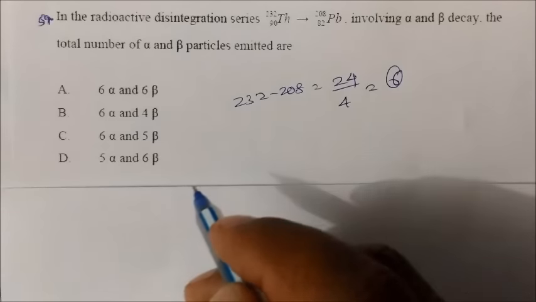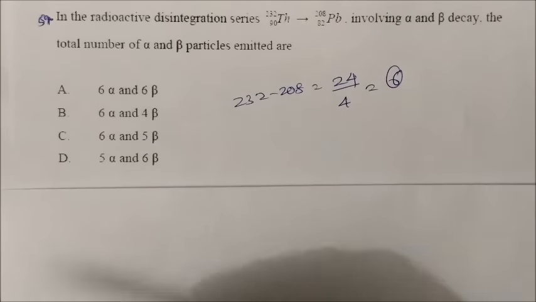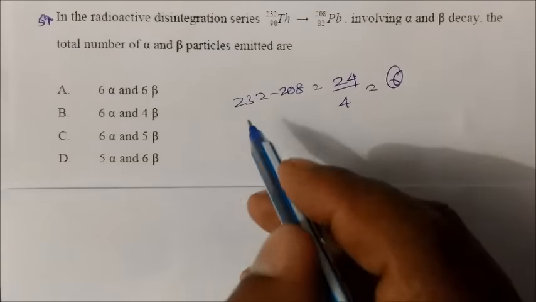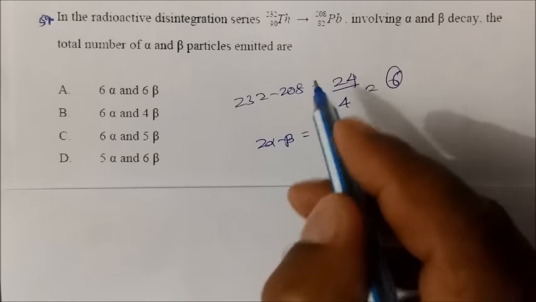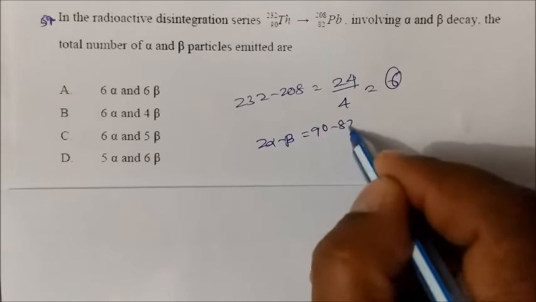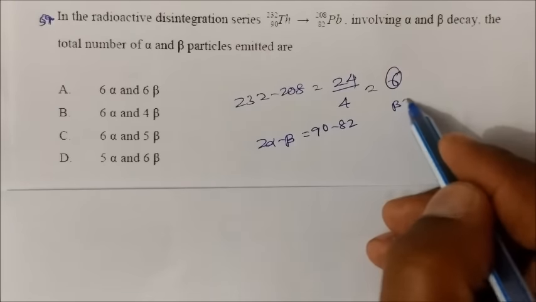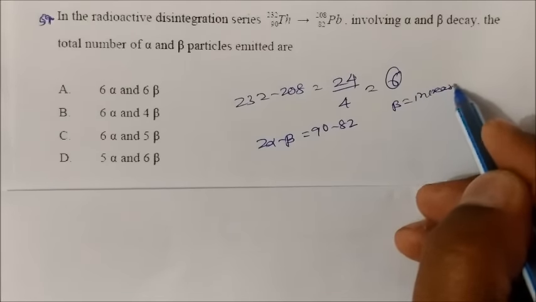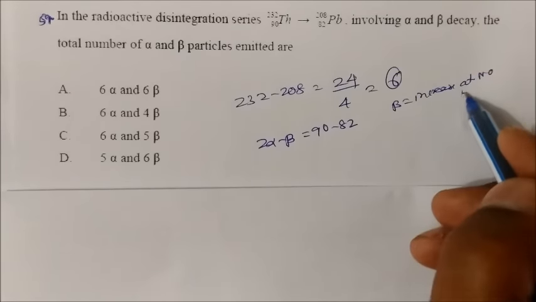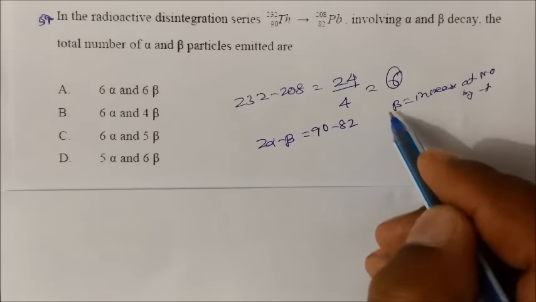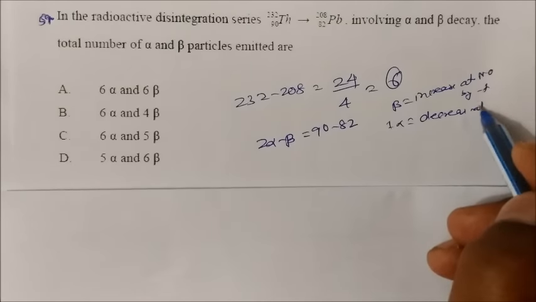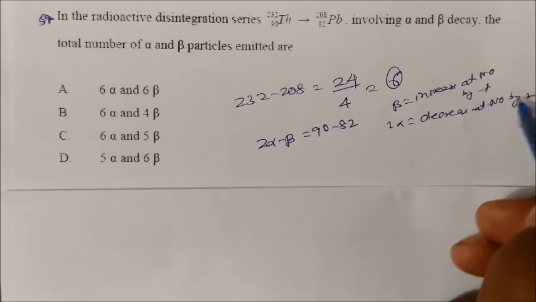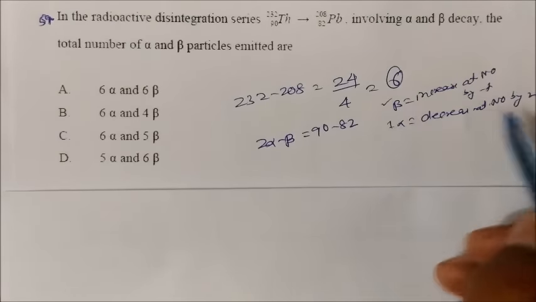Now to calculate the beta particles, we have options A and B. 6 alpha particles, for beta particles: 2 alpha minus beta equals 90 minus 82, because a beta particle increases the atomic number by 1, and 1 alpha particle decreases the atomic number by 2.